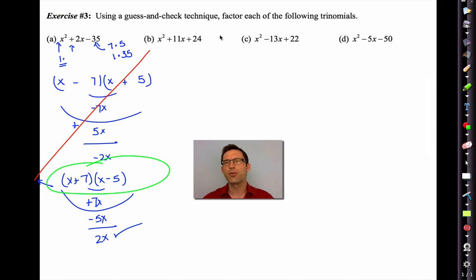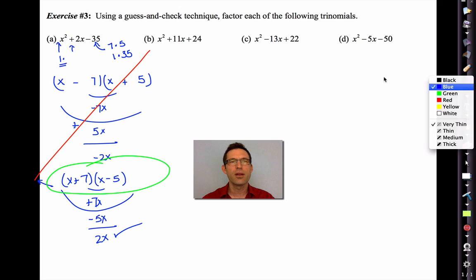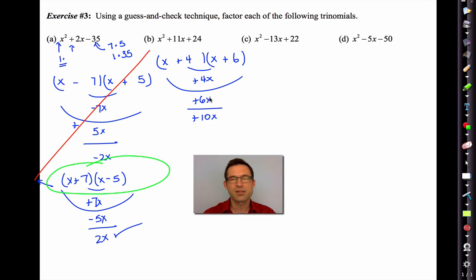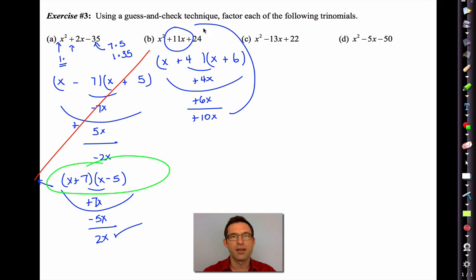So, for instance, letter B, right? I see x squared plus 11x plus 24, and my first instinct is, 24, 4 and 6, right? But the problem is 4x plus 6x gives me 10x. No, I need 11x.